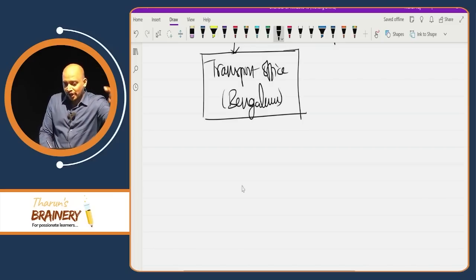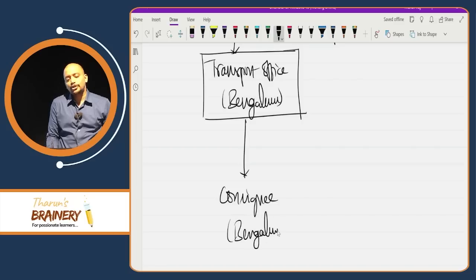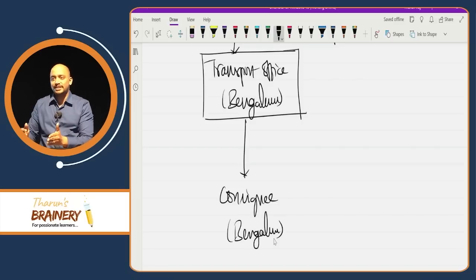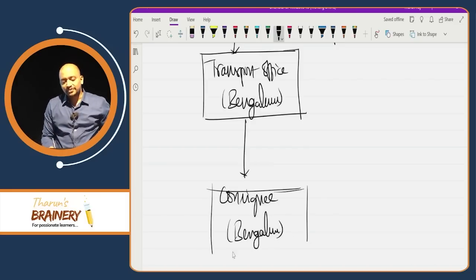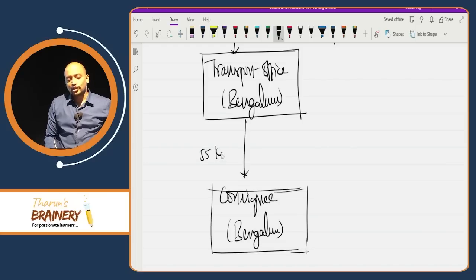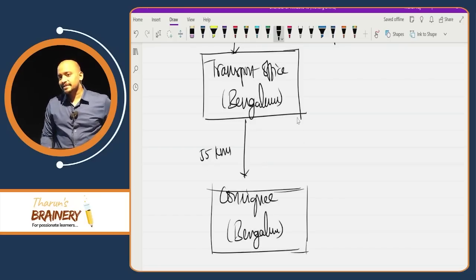from transport office Bengaluru to consignee place. Consignee place in Bengaluru. Because he is not required to be staying next to the transport office, a little far he will be there. And suppose the distance is 55 kilometers, somewhere in the outskirts he is there. Now, in that case, e-way bill required?